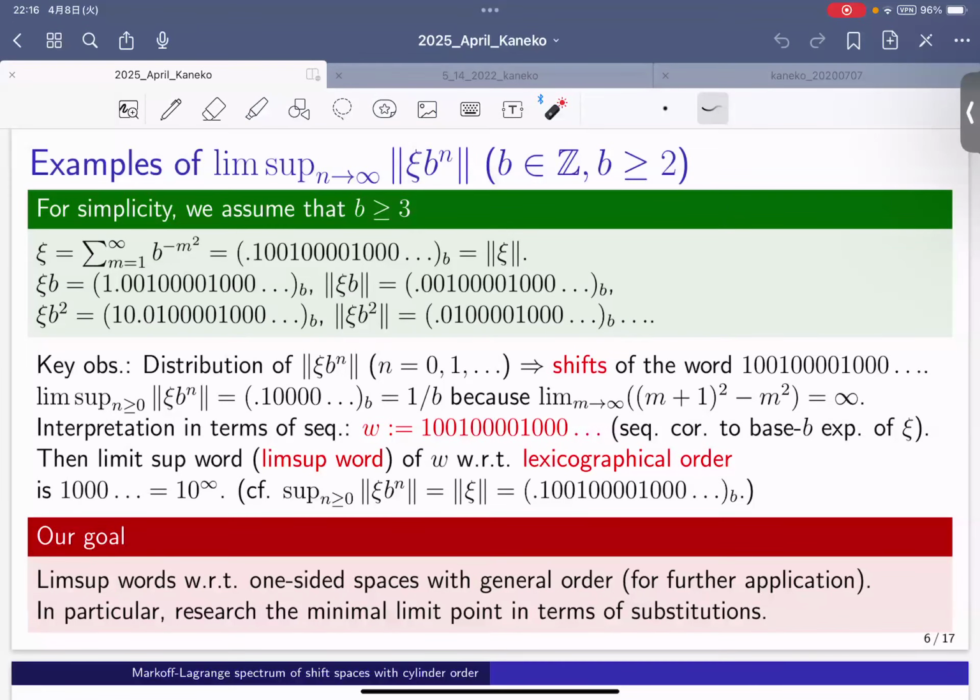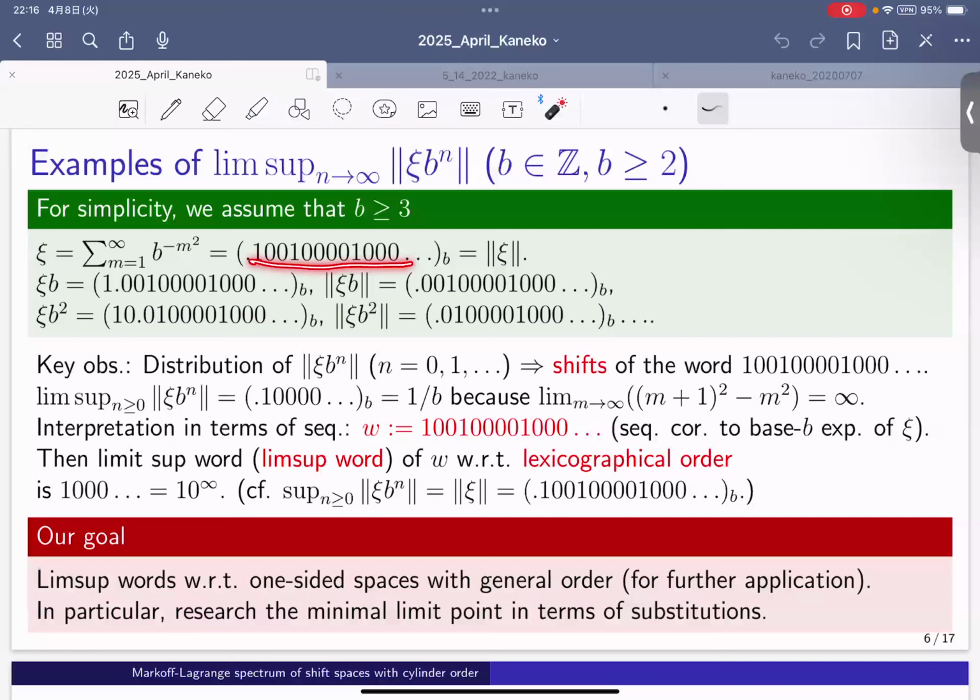And we consider X_C and X_B. You know that the base B expansion of X_B is written by the shift. If we multiply by B, then the sequence shifts like this. And if we consider the fractional parts as the distance, we omit this 1. So it's the shift. In the case of C B^2, it's the same, 2 shifts.